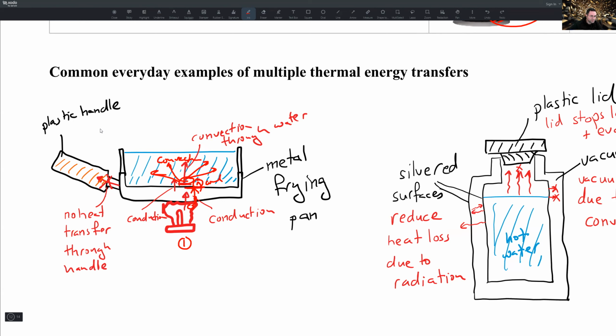Okay? From the water to the rest of the water, that's a convection. طيب, will the handle get hot if it's made of plastic? لا, because the plastic is a bad conductor or it's a good insulator. فبنخلي الهاندلز بتاعت البوتس والبانز دي ايه? plastic. Or an insulator يعني. Silicone, whatever it is.